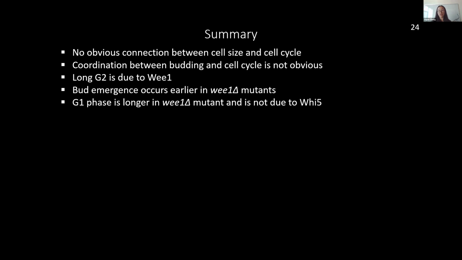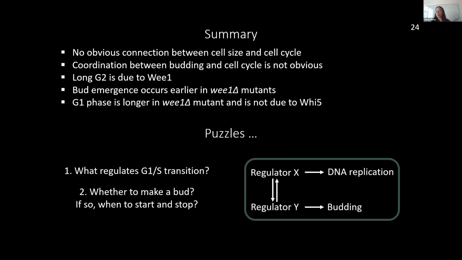We did confirm that the long G2 in the control or wild-type population is due to V1 function, and bud emergence occurs earlier in the V1 delete mutants, compensating for this shortening of G2. Last, G1 phase is longer in the V1 delete mutants, and it's not due to the function of the V5 gene or protein.